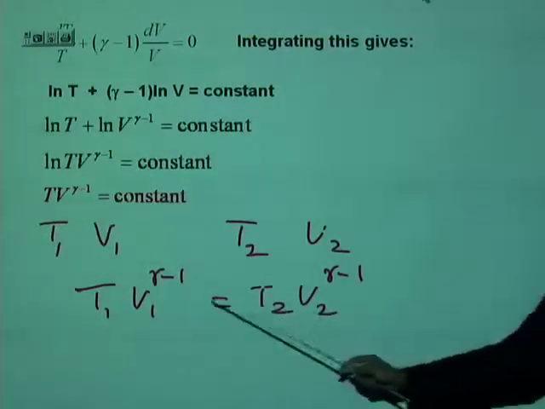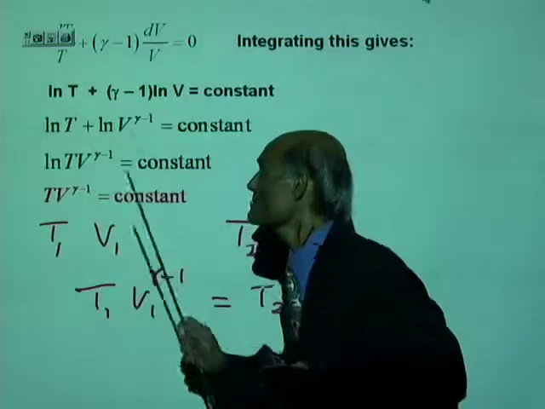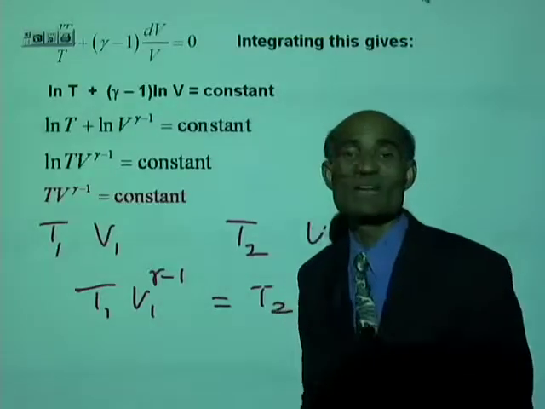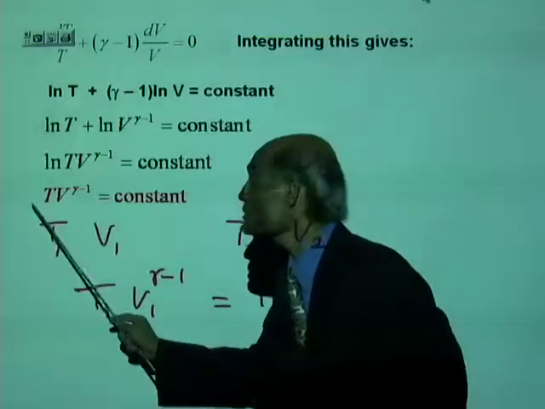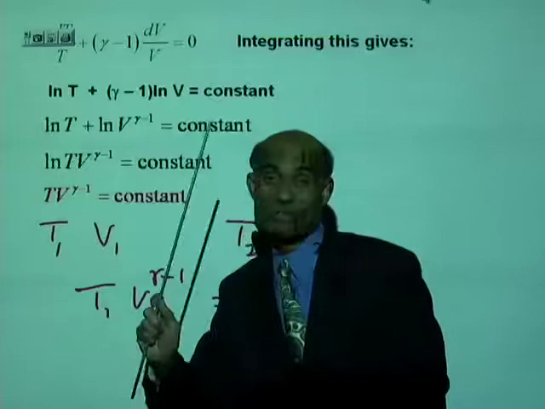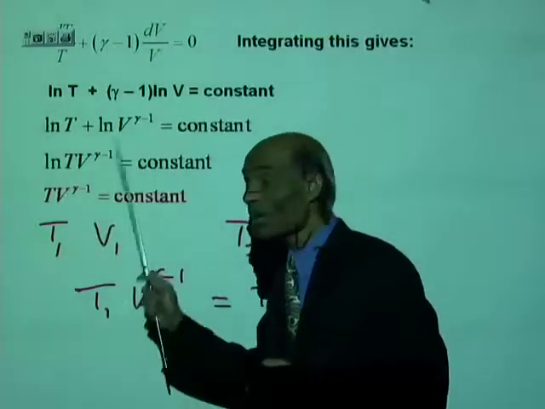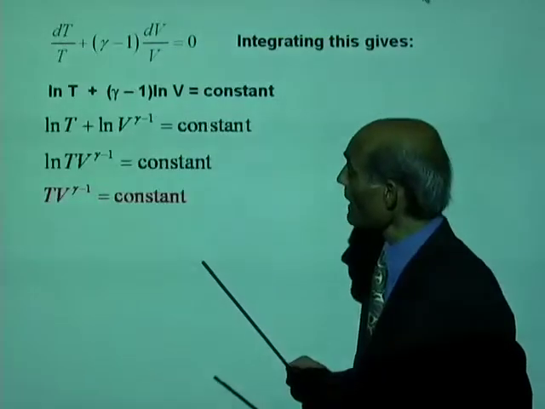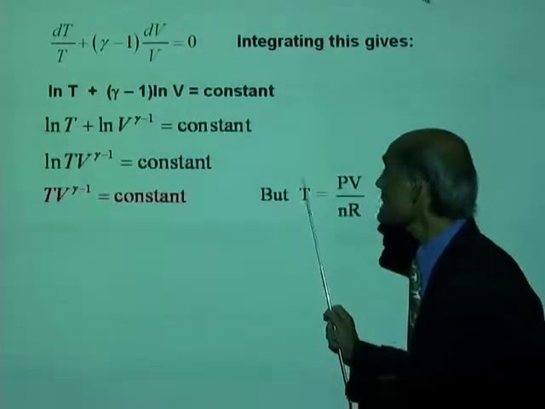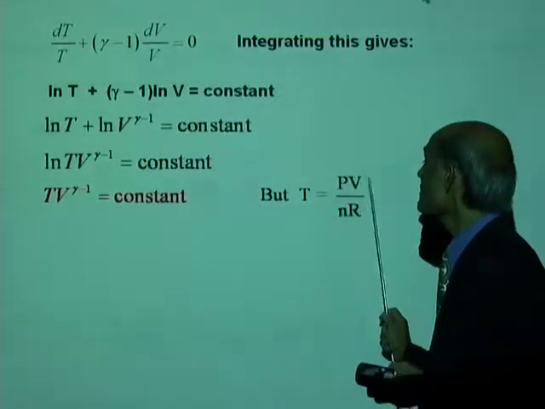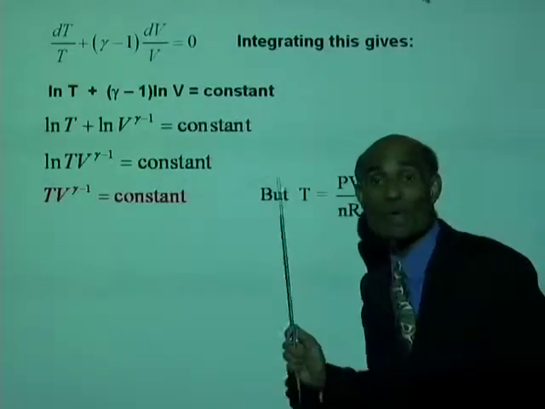That is the meaning of T V to the power of gamma minus 1 is a constant. So this is one equation. We're going to get one more equation for the adiabatic process. This is one equation. All right. But T equal to PV over nR, the equation of state.